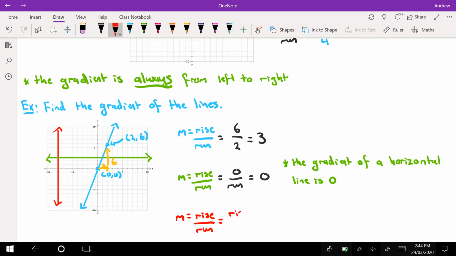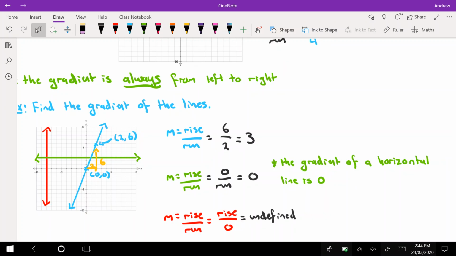So it's rise over 0. Are we allowed to divide anything by 0? No. That's a big no-no in math. You can never divide anything by 0. It's undefined. So when we have a vertical line, it has an undefined gradient.